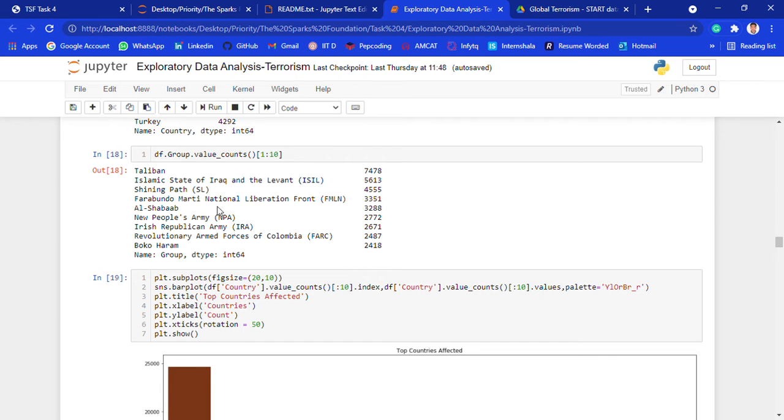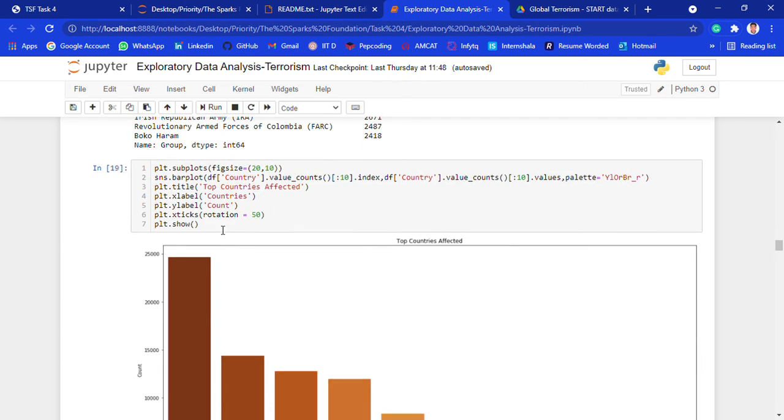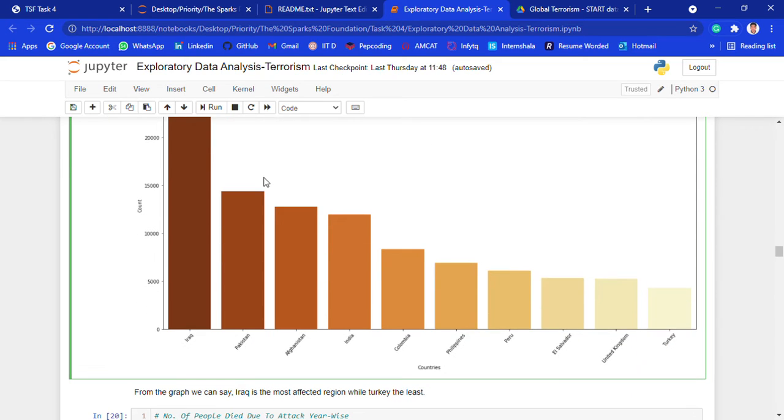We have also tried to group the groups involved in such activities, which are the Taliban, the Islamic State of Iraq and Levant, and the Shining Path, and all these terror groups are actively participating in these terrorist activities. Going further to the countries that are most affected, I have plotted the graph with a rotation of 50.